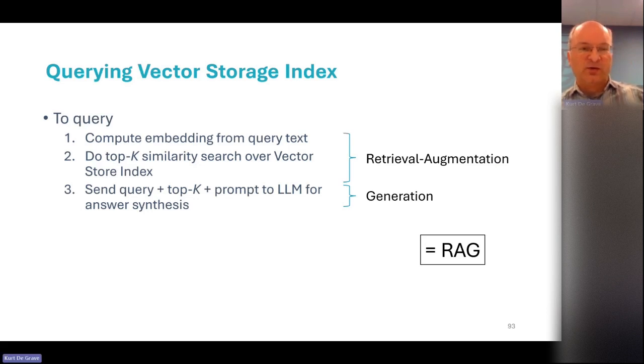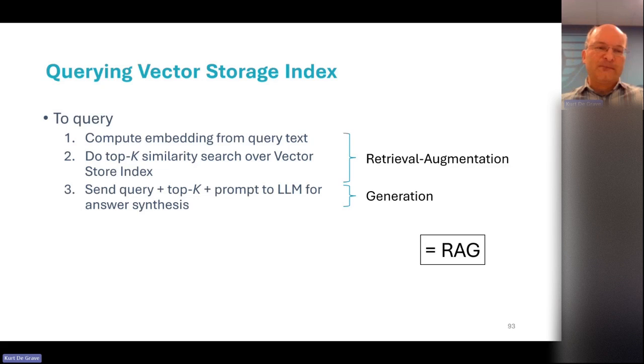You compute an embedding over the query text input by the user, and then you search in the vector database for the k nearest chunks. This search is almost always done approximately, because these vectors are large and you have many chunks.